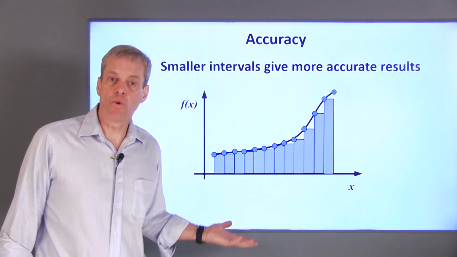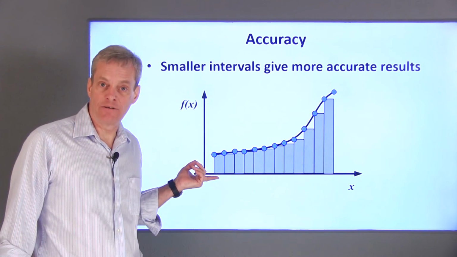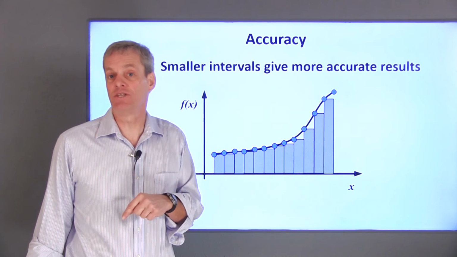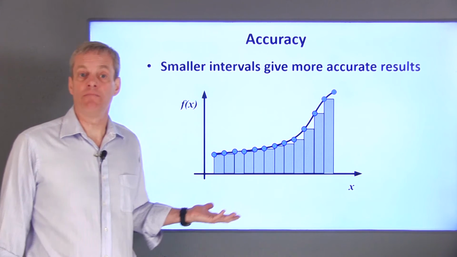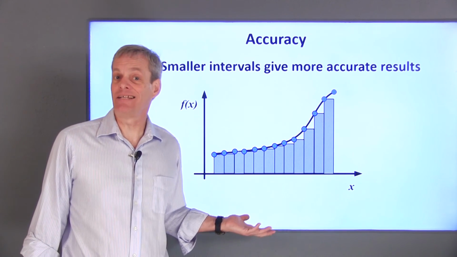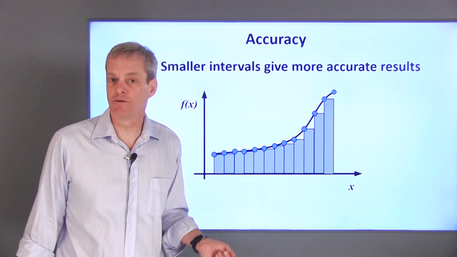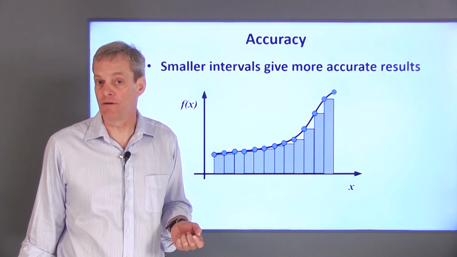And maybe more importantly, the difference between the integral estimates is smaller than the previous change. As we keep reducing the width of the intervals, we get better accuracy, and most likely the difference between successive integral estimates gets smaller and smaller.